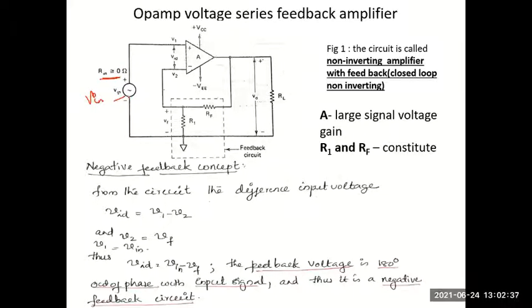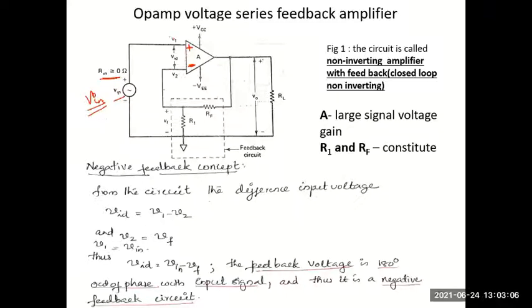I'll connect the actual input signal to the non-inverting terminal and a set of resistors to the inverting input terminal. So have a clear look at this connection. The actual AC input signal is given to the non-inverting terminal and a pair of resistors RF and R1 are connected to the inverting input terminal.